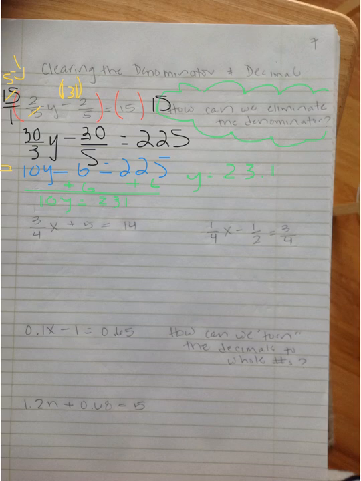3/4 x plus 5 is 14 is the next problem. I am going to multiply everything by 4, because that will clear this denominator. We end up with, I'll just show you how I'm getting this. And then 14 times 4 is 56.